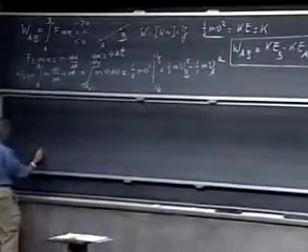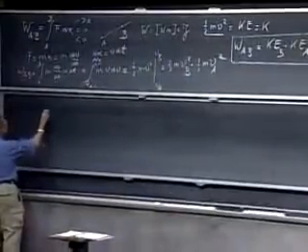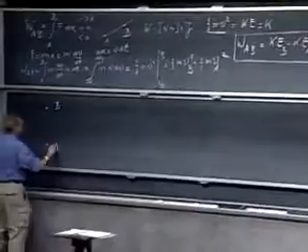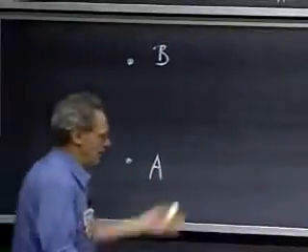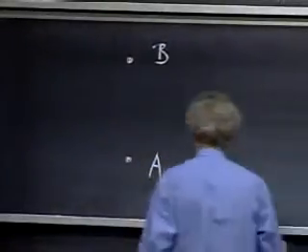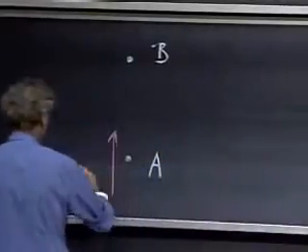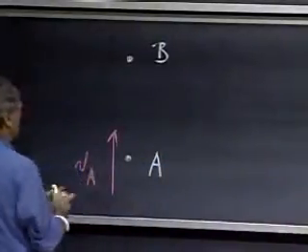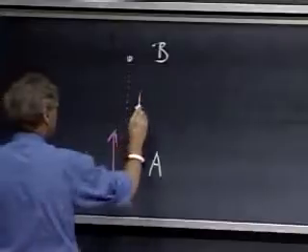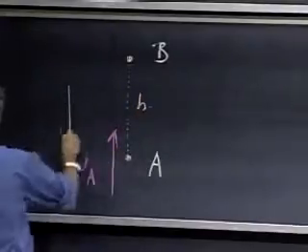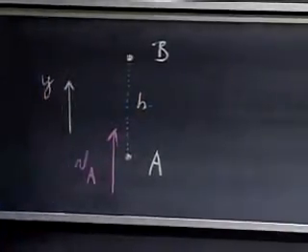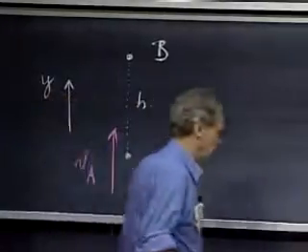I have an object that I want to move from A to B. I let gravity do that. I give it a velocity. Here is the velocity vA. And let the separation be h, and this could be my increasing y direction.